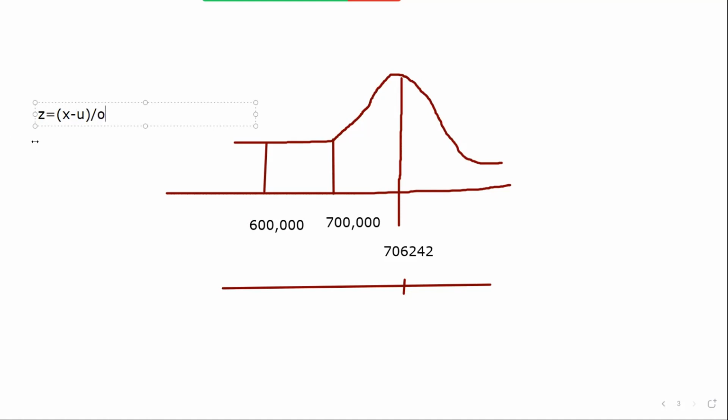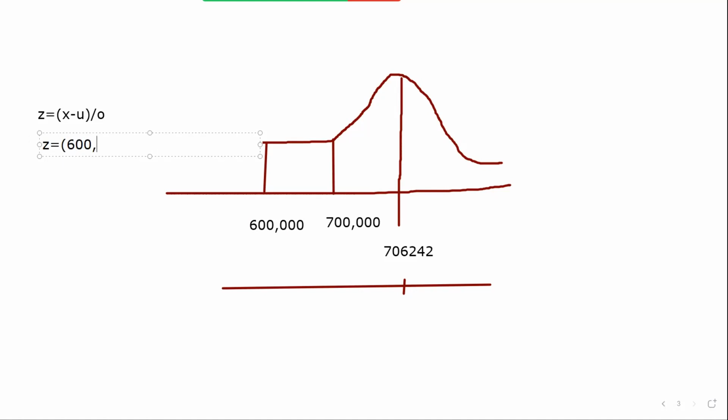Then in our case, z is equal to, for 700,000, which, did you do 700,000 first or 600,000? 600. 600, okay. It doesn't matter. I'll do that just so I follow you.